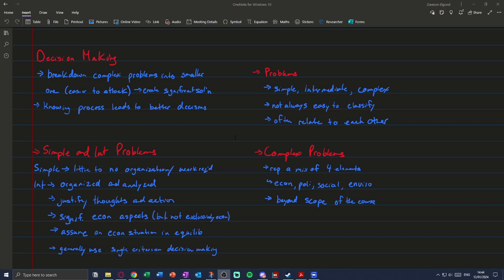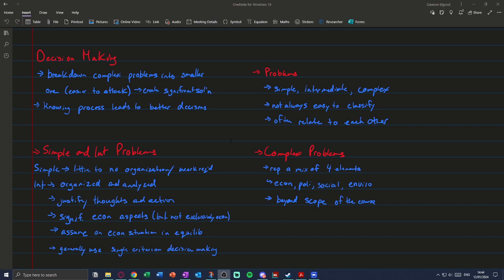You want a consistent, replicable process which you can use to make sure all of your answers make sense when comparing to other answers you made. So you don't have one answer or recommendation that is completely different or doesn't follow the same sort of logic as the other one. Obviously, there's going to be different criteria when it comes to different projects, but you want to make sure that it's at least consistent in the way that you find it.